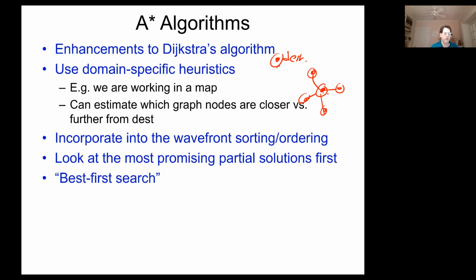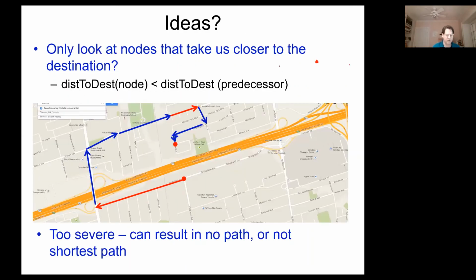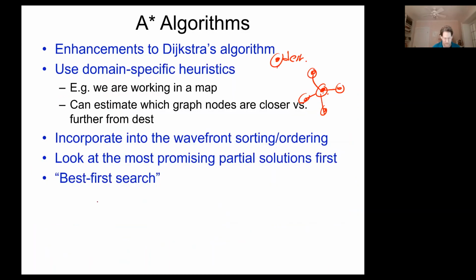What we're going to do is incorporate this additional information into the wavefront sorting, or the ordering in the wavefront. So we don't want to do what we did here, which is a hard pruning function. We will not look at something if it appears to be in the wrong direction. It's too harsh. It's going to miss cases where we have to go in the wrong direction for a while, etc. We're going to do something softer.